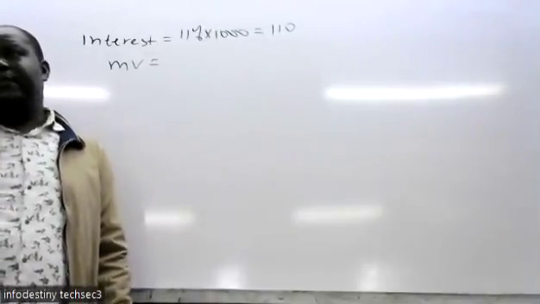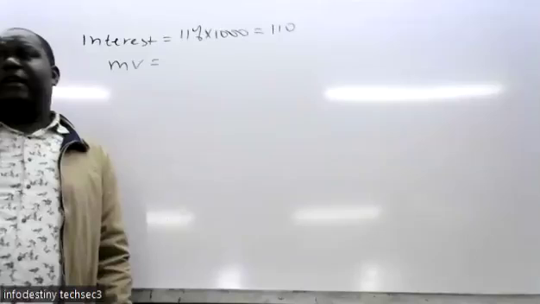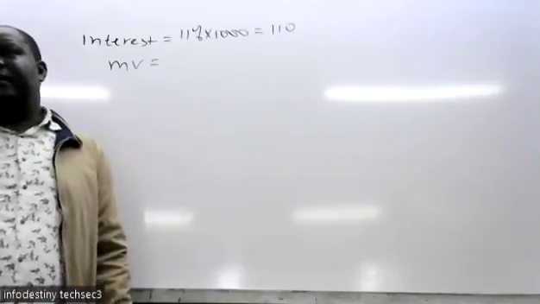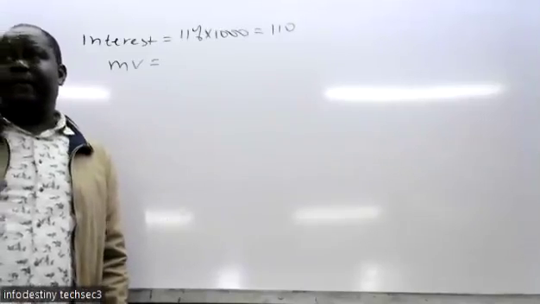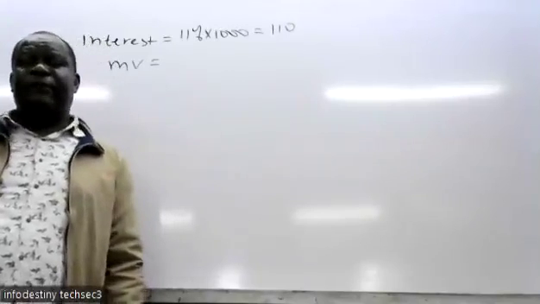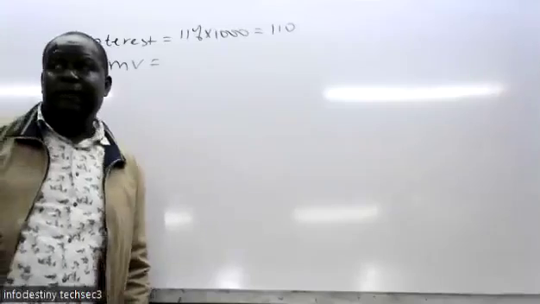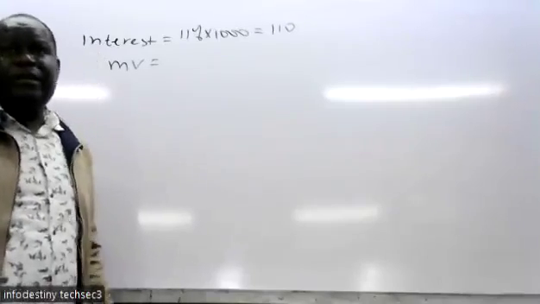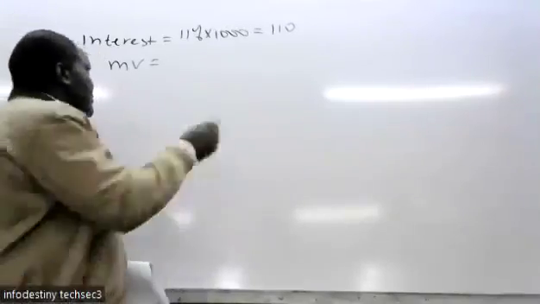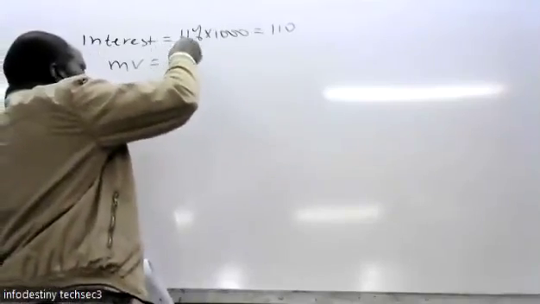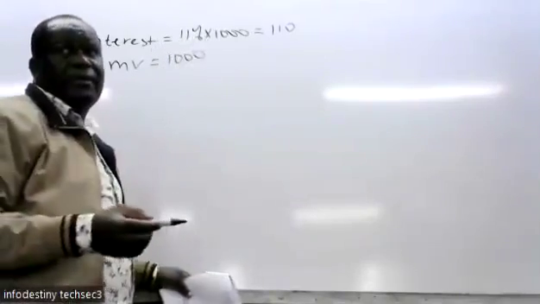Maturity value, unless otherwise stated, is the same as the par value. If they specify that it was issued at a discount or a premium, you calculate. But if they have kept quiet, the maturity value will be the same as the par value, which is 1,000.